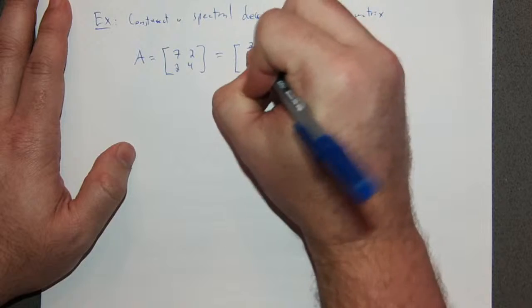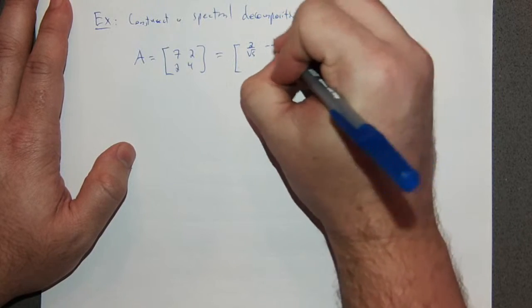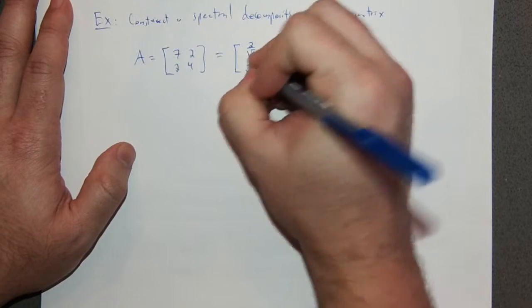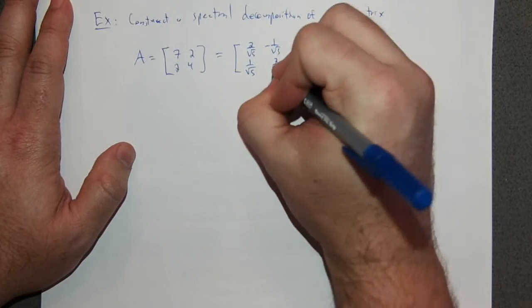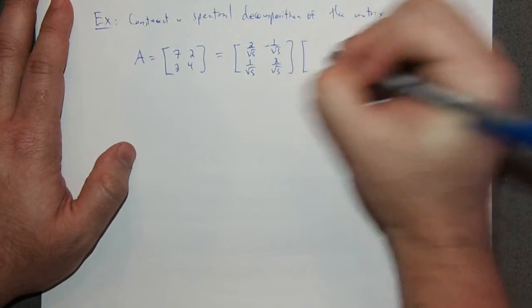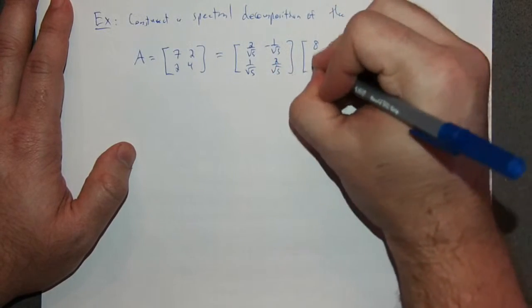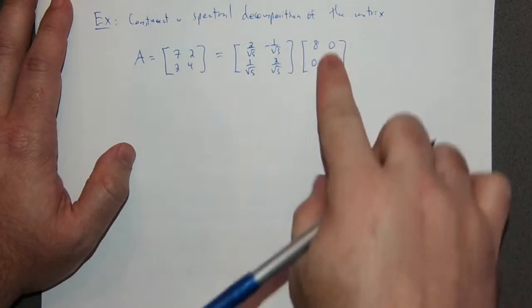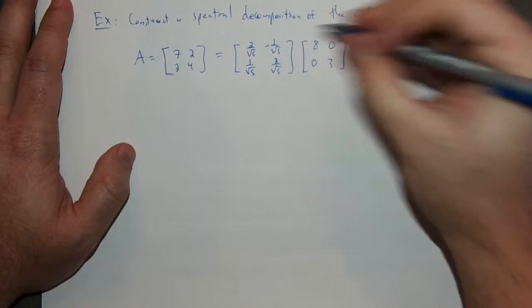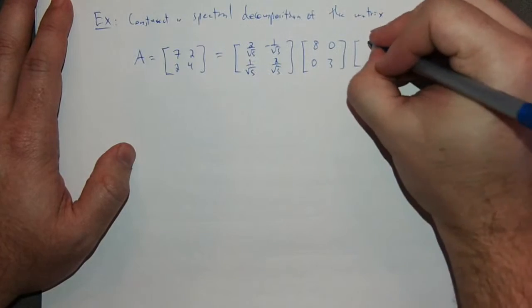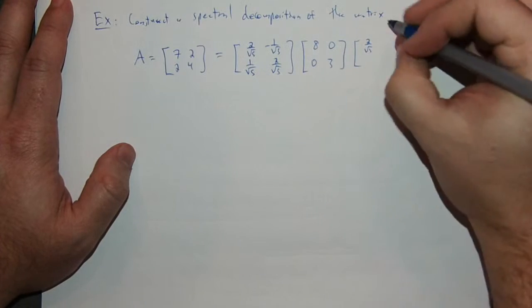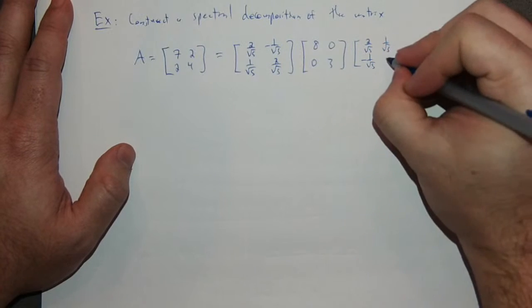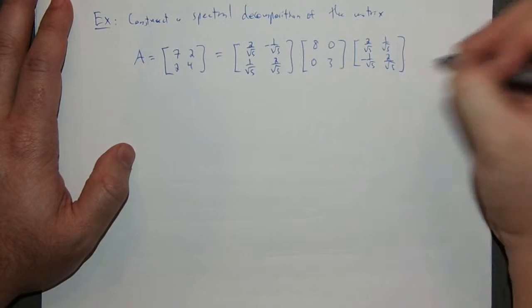This is 2 over root 5, 1 over root 5, minus 1 over root 5, 2 over root 5, times the diagonal matrix 8, 0, 0, 3. So the eigenvalues are 8 and 3. And then on the other hand, I have the transpose: 2 over root 5, minus 1 over root 5, 1 over root 5, 2 over root 5.